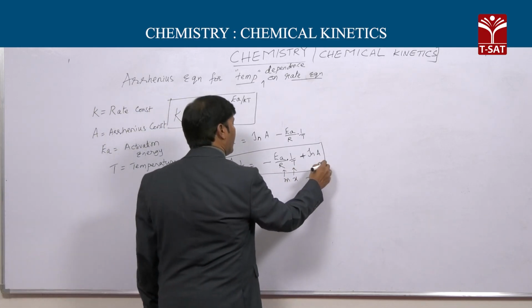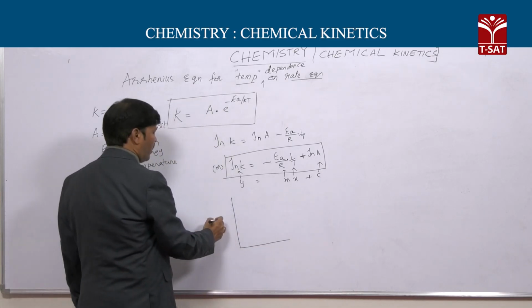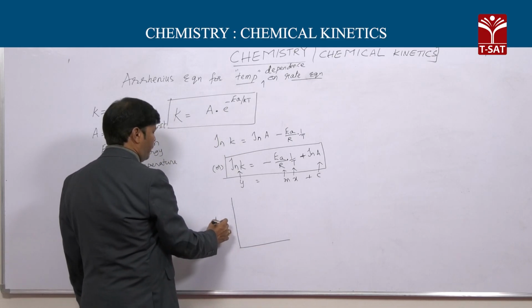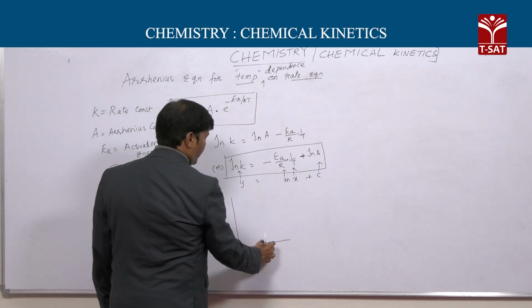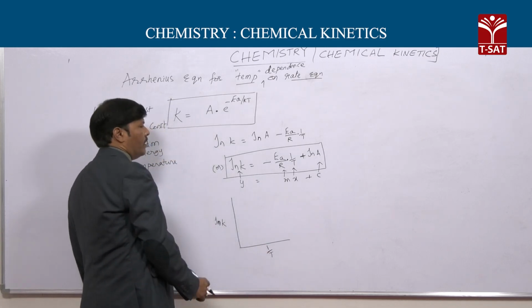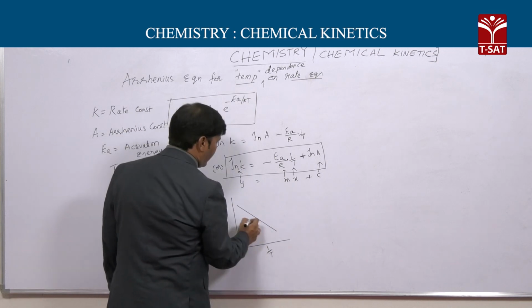So let us plot the graph also. On the y coordinate I am taking ln k, and on the x coordinate I can take the reciprocal of temperature. Because the slope is negative here, we get a straight line with a negative slope.